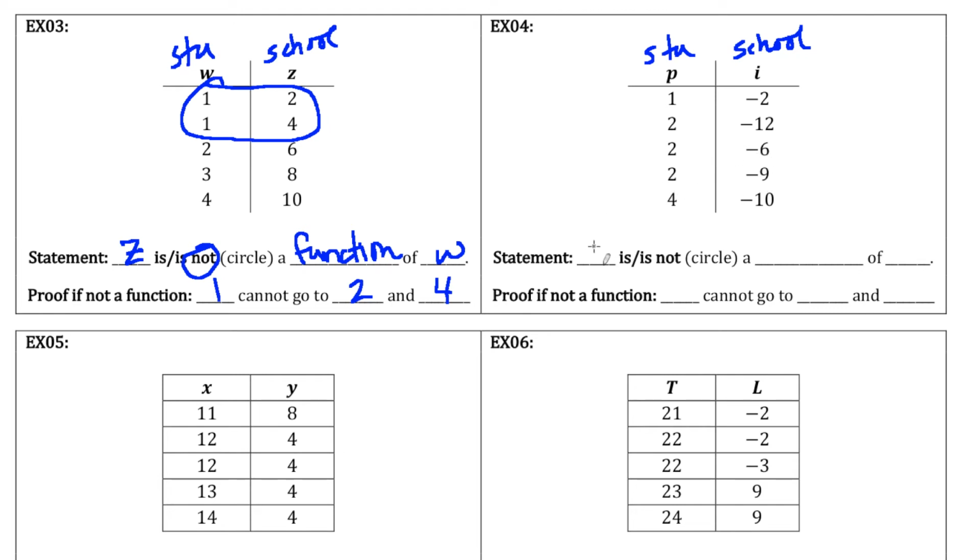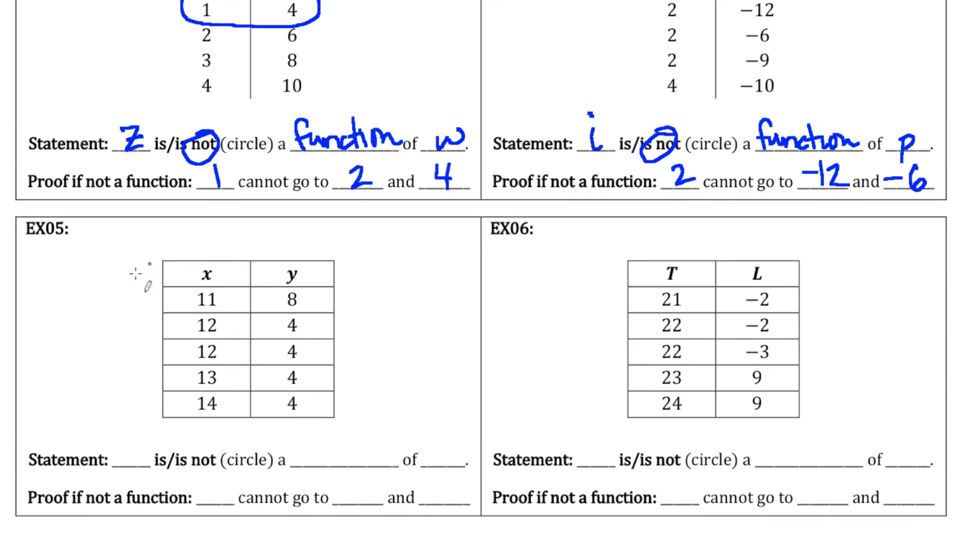So i is not a function of p. If it's not a function, that's because 2 cannot go to -12 and -6. Of course, I could put and -9, but you're good.